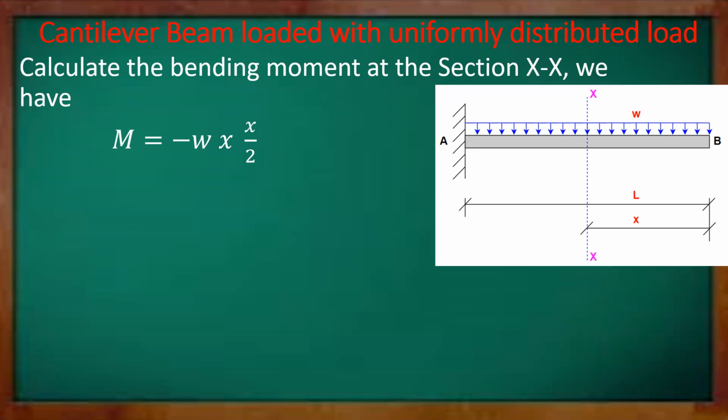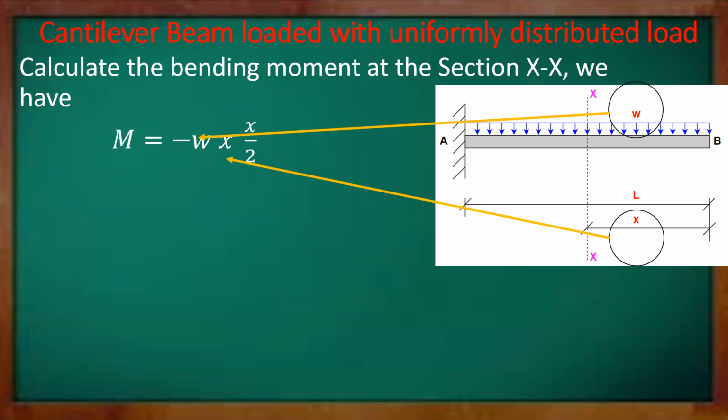And whenever you have a UDL, the force is calculated by the rate of loading multiplied by the distance over which the UDL acts. So we get the rate of loading is minus w, and it acts for a small distance x. So this w into x will give the force, and the distance of the centroid will be half of the distance, which is x by 2. And since we are getting a clockwise moment, we will be getting a negative sign for the bending moment.